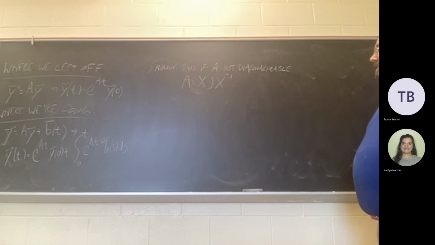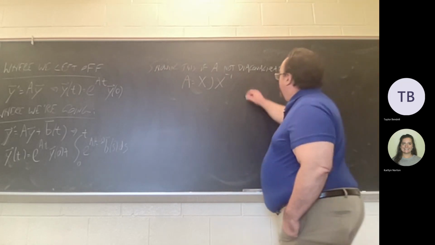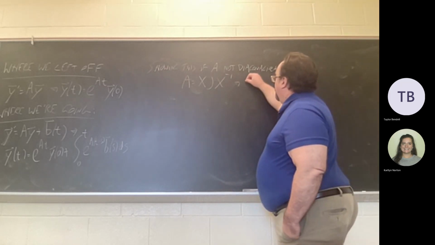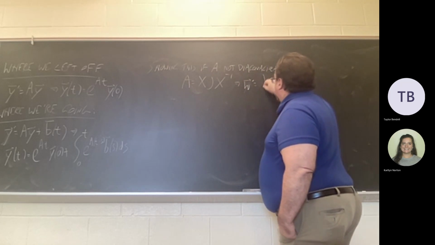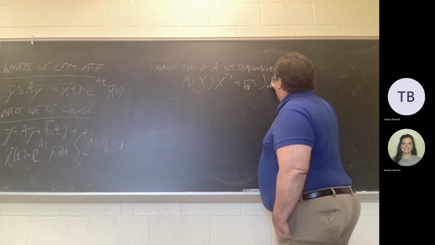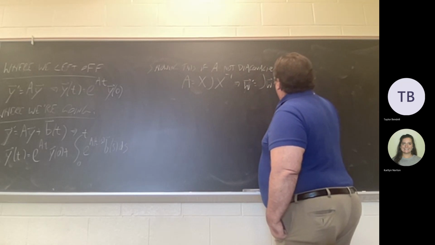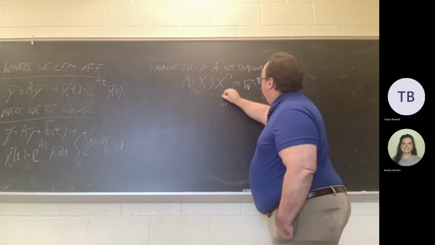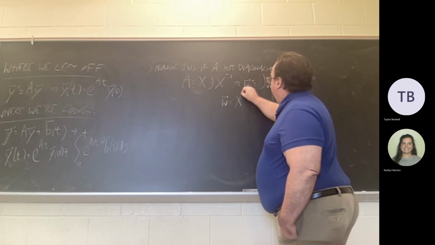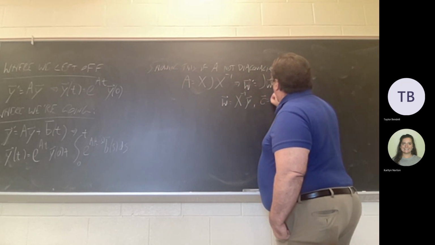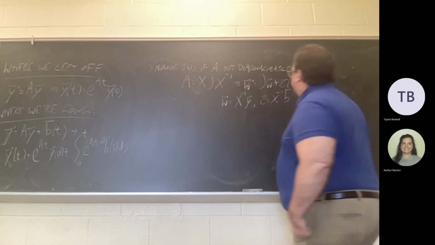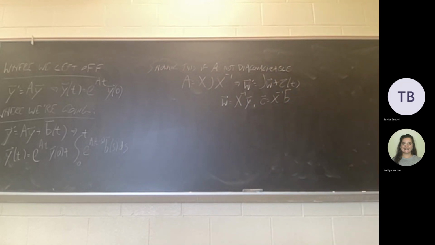And as I've shown you before, we have this new system of ODEs: W prime is equal to JW plus C(t), where W is X inverse Y, and C is equal to X inverse B. So the same kind of system, just J is a much simpler matrix because it's block diagonal.